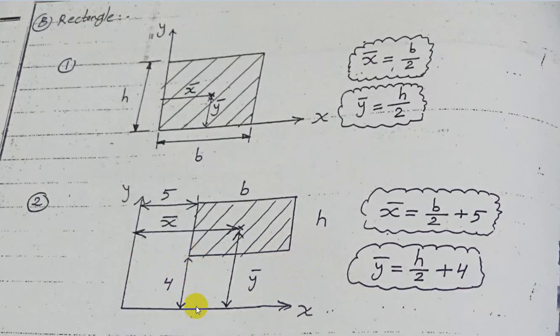Then the separating distance between the rectangular region and the y-axis, the vertical axis, as indicated before you, will be considered as 5.